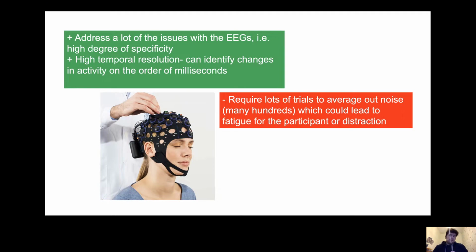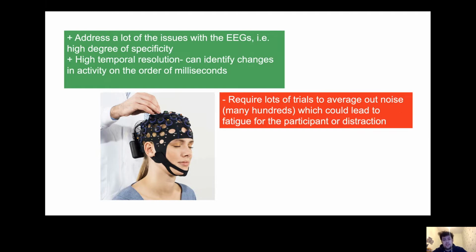But that is the downside, that you require lots of trials to average out the noise, at least hundreds, which is going to lead participants to become tired, distracted, or feeling ill from the EEG net that they've been wearing. It could also lead to the participants adjusting their neural responses to the stimulus you're giving them, because there's so many trials.